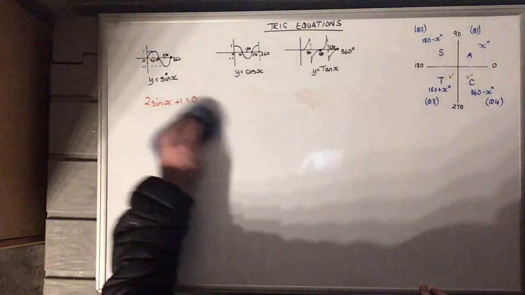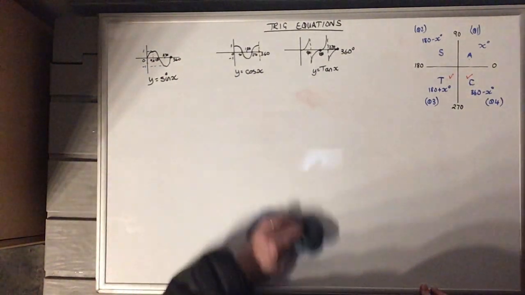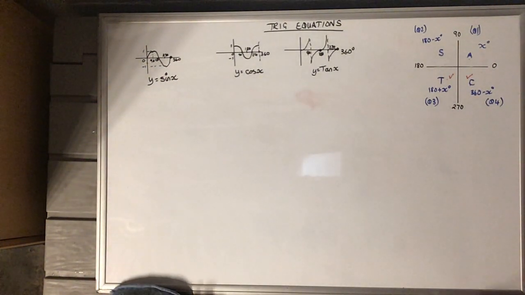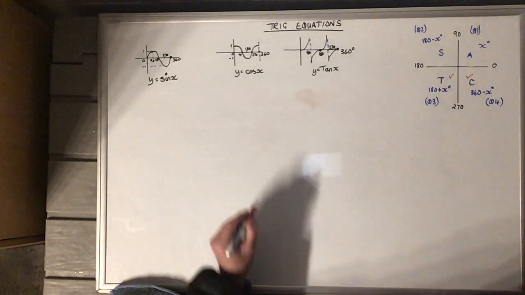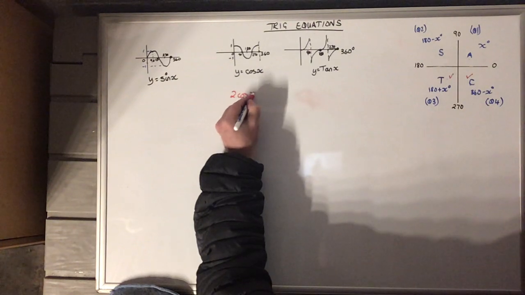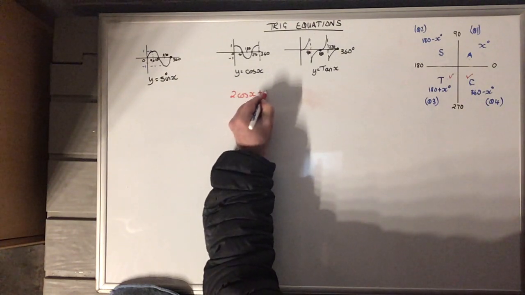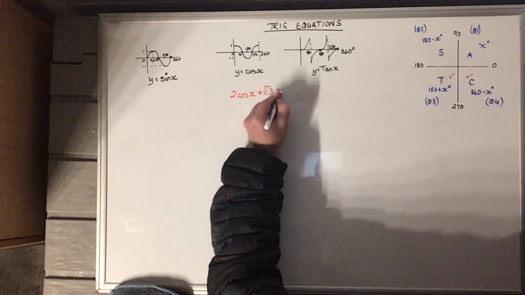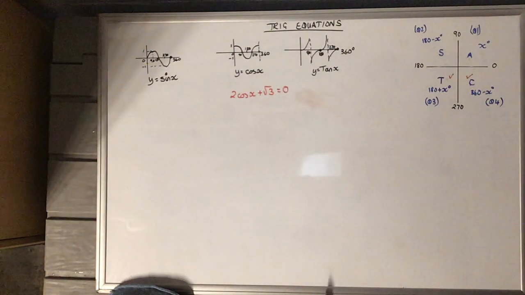Okay, right, let's go for one more. I'll do one more and I'll make sure that it's negative. I think I'll just pick cos this time. So let's go for 2 cos x plus root 3 equal to 0. So we've got to solve that equation.